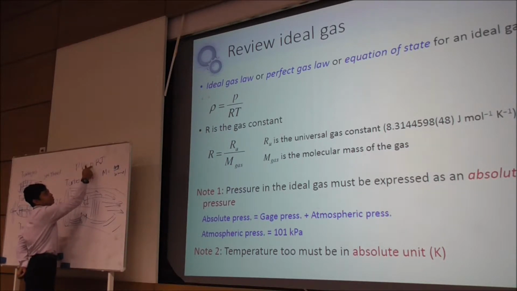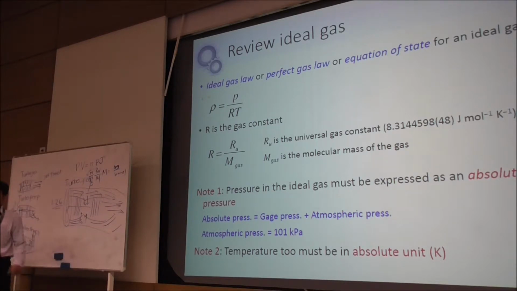If you change this into M, this R_u has to be divided by M. That's why you get M over V is rho. So that's where you get it.